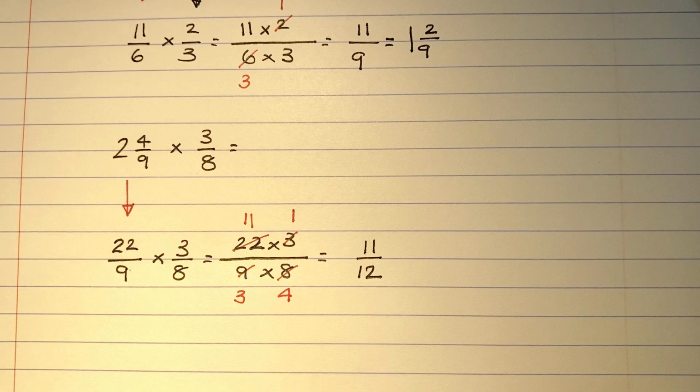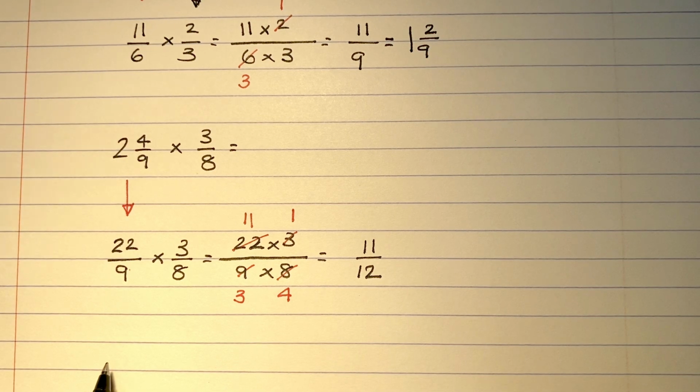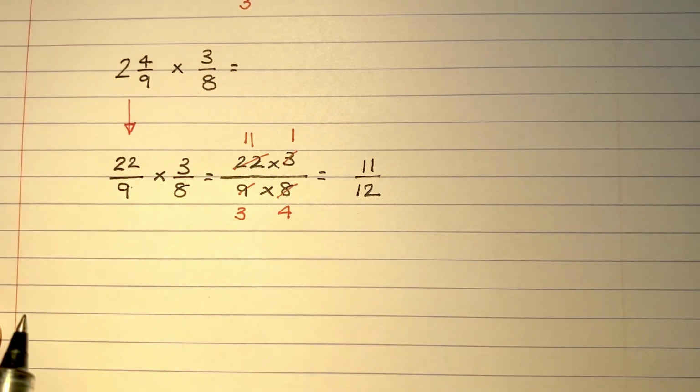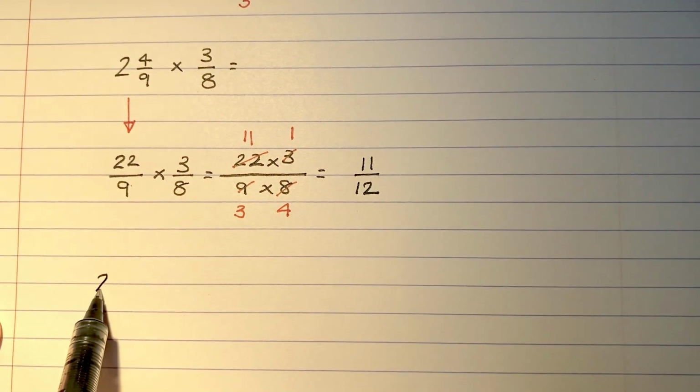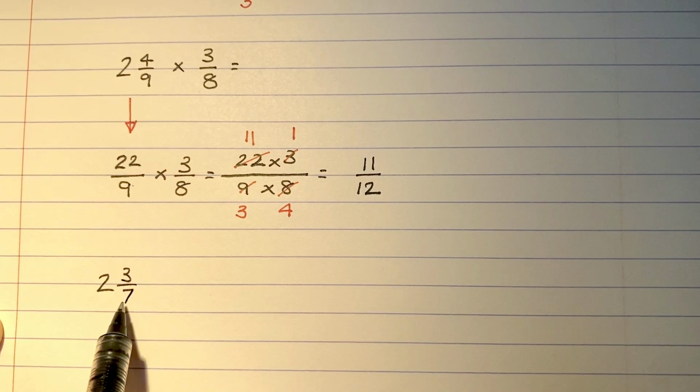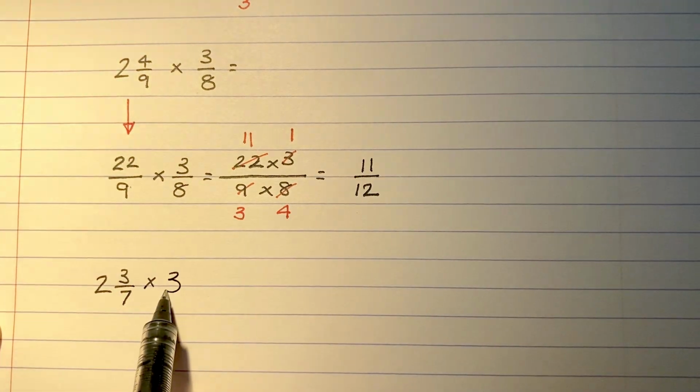Let's do a question where they're both mixed numbers. 2 and 3 sevenths times 3 and 1 sixth.